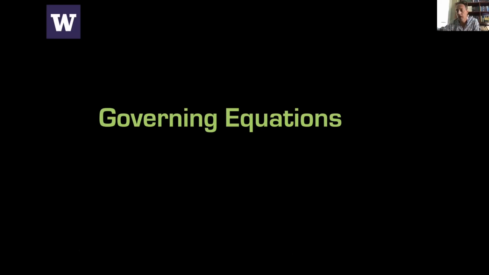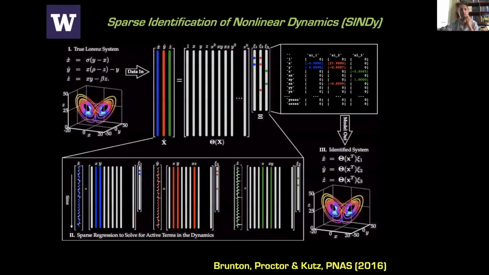It could be that I would like to keep the dynamics nonlinear because nonlinearity dominates what I see, and I would still like some governing equations that represent this well. So here, I want to talk about this method we've developed called the sparse identification of nonlinear dynamics. Mathematically, all this is is Ax equals b, but the way it works is really nice.